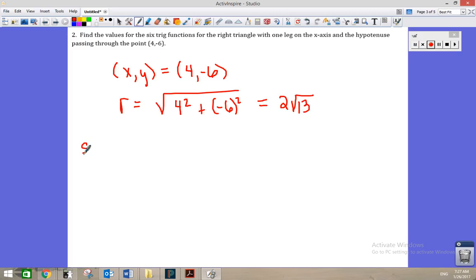So my sine of angle theta is the y coordinate divided by r, -6 divided by 2 radical 13. Oops, pay attention to what I'm doing. Half of the -6 is -3. Then rationalize this denominator.